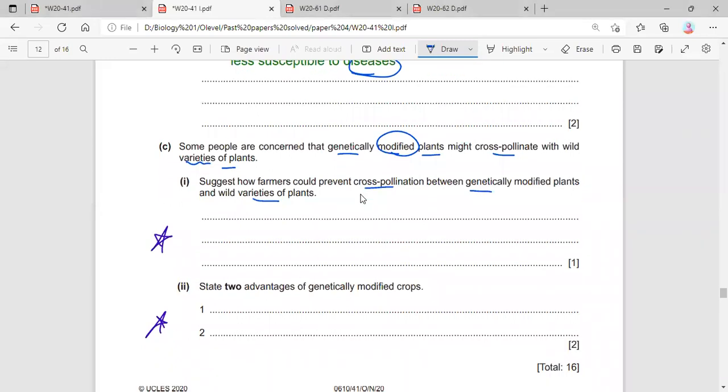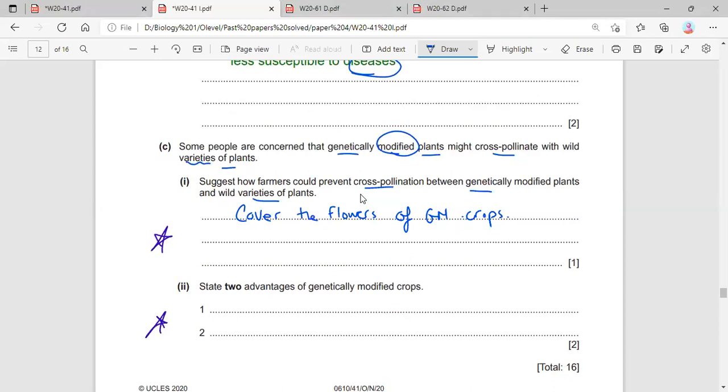How will I do this? I can say, cover the flowers of genetically modified crops so that the pollen does not reach them. I will only put the pollen that I want. Or I can say that I can grow them in glass houses.